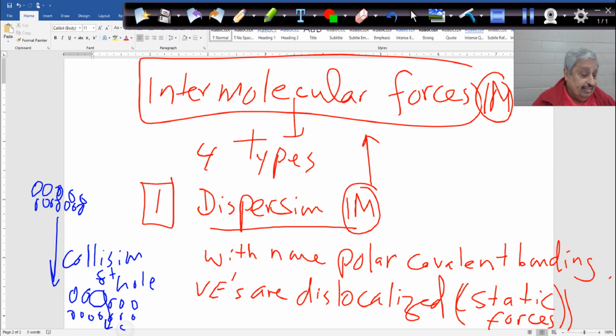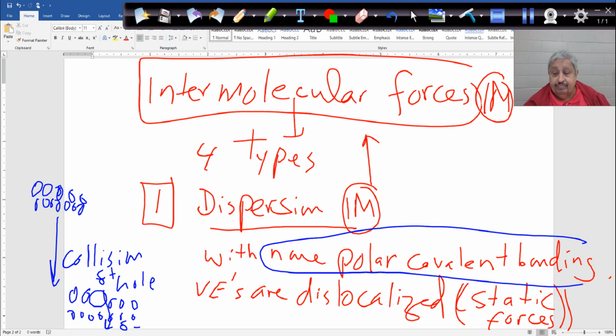This one has an electron added to it for a few seconds, partially negative. So the electrical current will go through. The electrical current is nothing less than the moving of those valence electrons from one side to the other side, correct? But that's what we call dispersion. So dispersion always happens in nonpolar covalent bonding. So, okay, guys, that's dispersion.